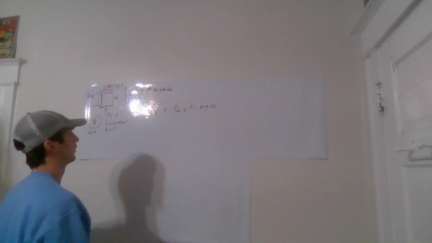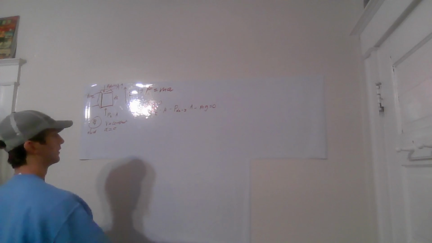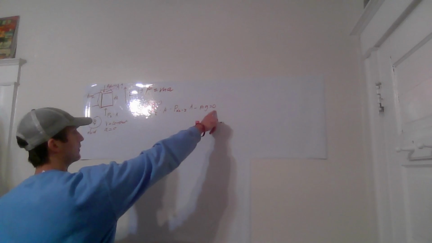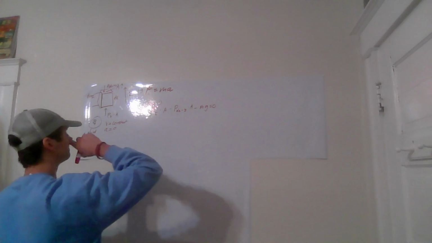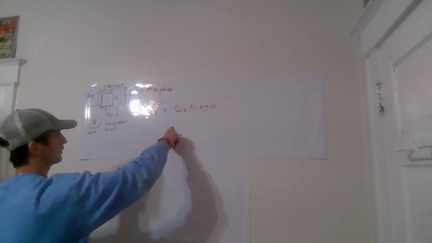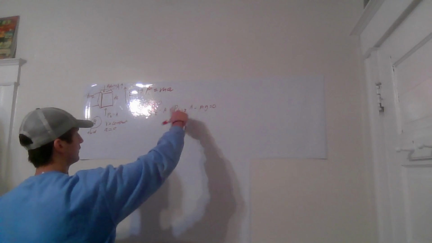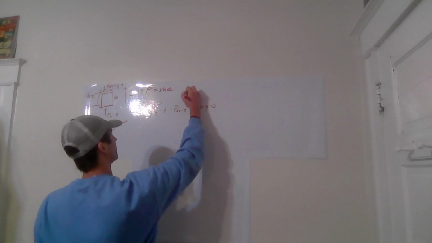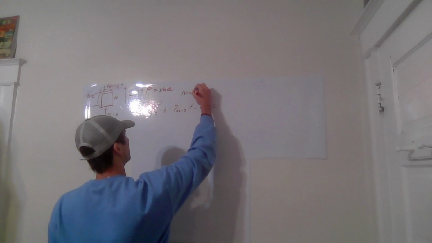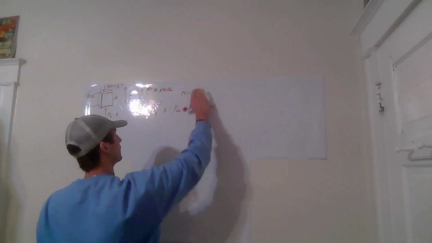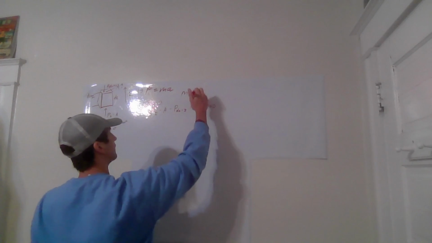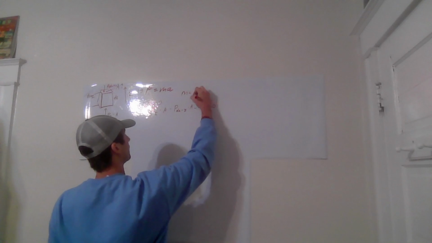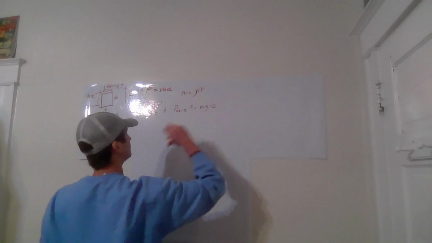And the way we can solve this is first by putting mg over on the other side. But we can also replace our mass. Our mass is going to be equal to the density times our volume.